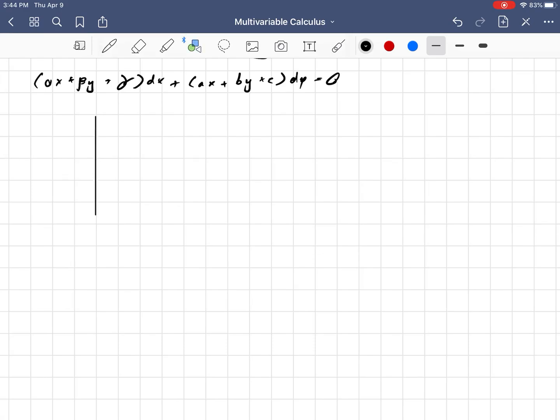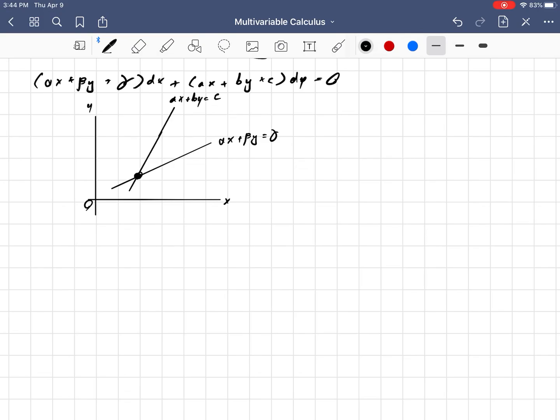So then if they intersect at a point, see if we've got our x, our y. So our x-axis, the y-axis, and this is the origin. And this line here is, say, alpha x plus beta y equals gamma.